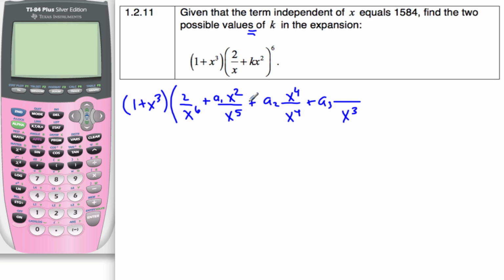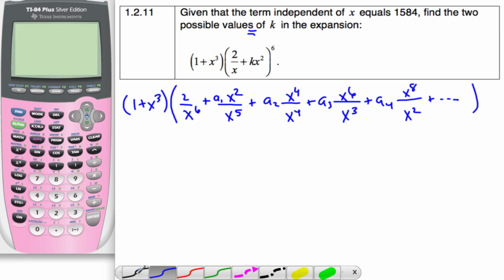And you can see the pattern now. We have x to the 0, x to the 2, x to the 4. This will be 6, and this will be 6, 5, 4, 3, 2, and then an 8, and so on. We don't even need any more because hopefully you realize that we've seen our constant terms. Our only constant terms come from x squared over x to the 5th.